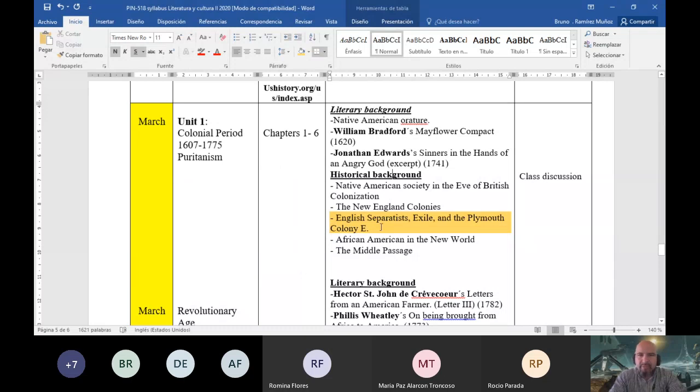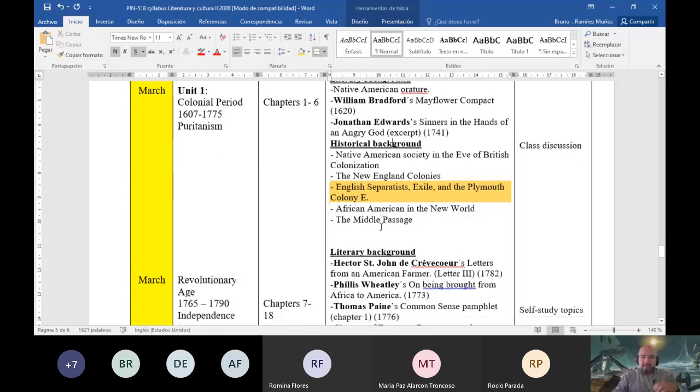In general terms, you need to be familiar with the reasons why some of the pilgrims decided to leave England. What were the specific reasons for this decision? In which way the people who boarded ships and went to this new world decided to separate themselves from the Anglican Church. Remember that the Anglican Church was a church created by Henry VIII, and after he decided to become the head of the Anglican Church, many different religions stemmed from this religion, which was different from the Catholic religion.